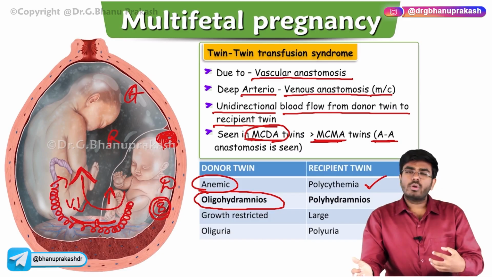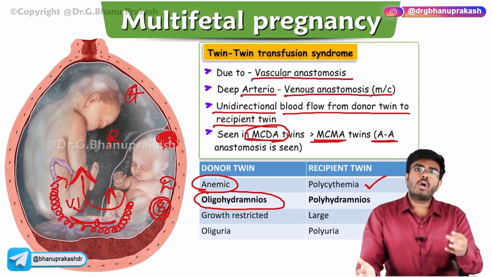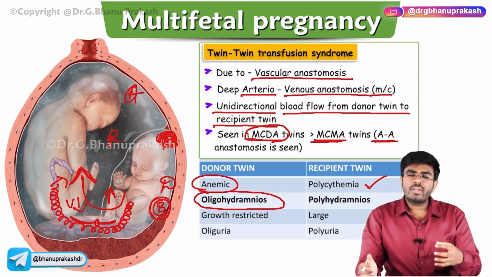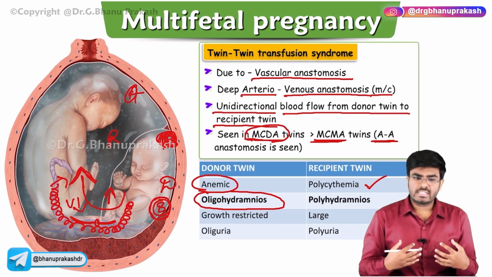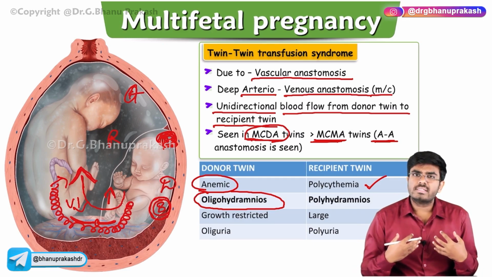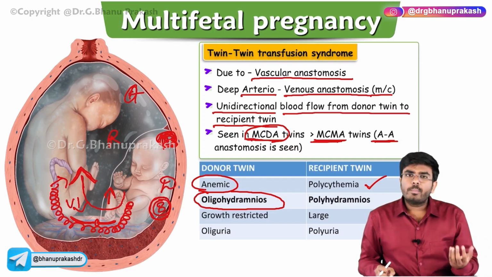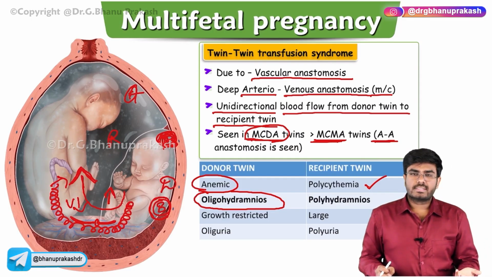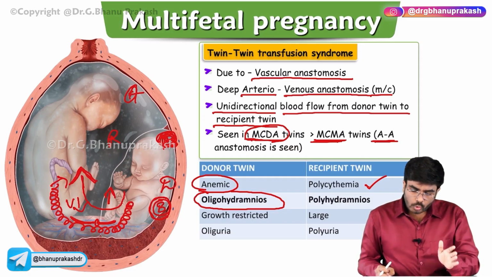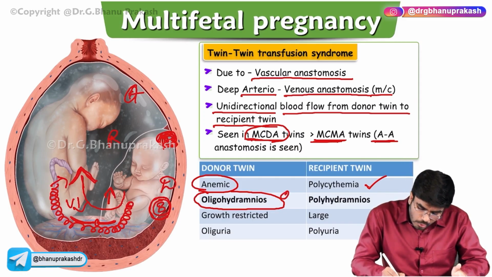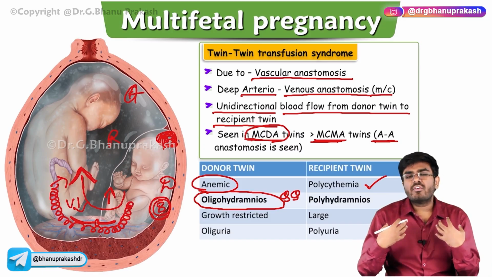Why? Because the donor twin is completely giving all its blood. Whenever it is giving all its blood, its blood volume is going to decrease. Whenever its blood volume decreases, automatically the glomerular filtration rate and urine production by the twin decrease. So the donor twin will suffer with oligohydramnios. Why? Because it is not having enough fluid in the body.